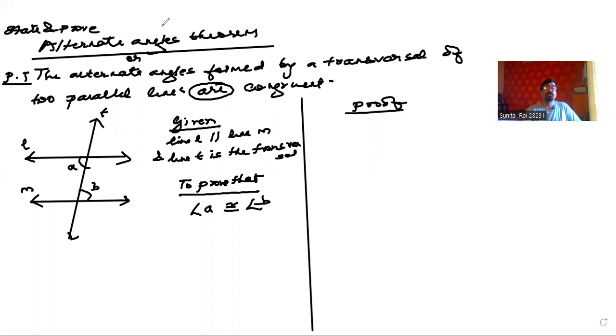Yes. So what I will do is introduce an interior angle of B, which is C. Can you see here? Got it?